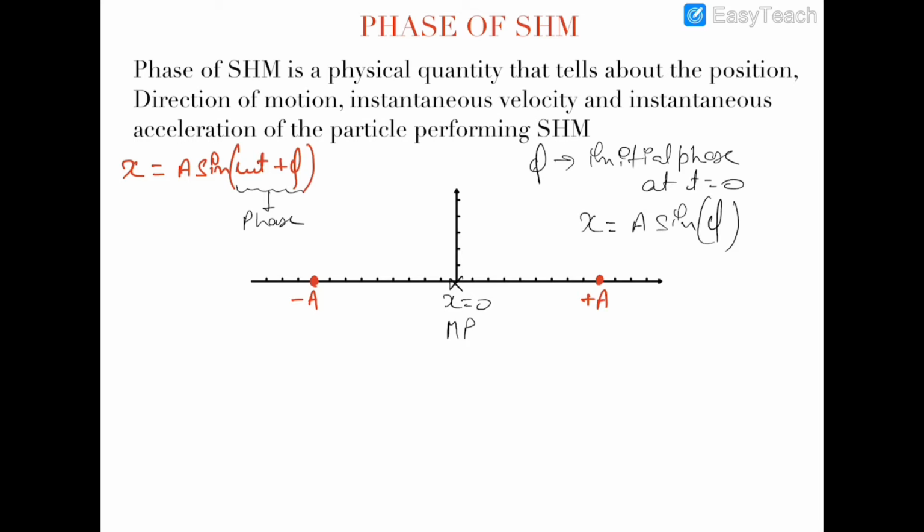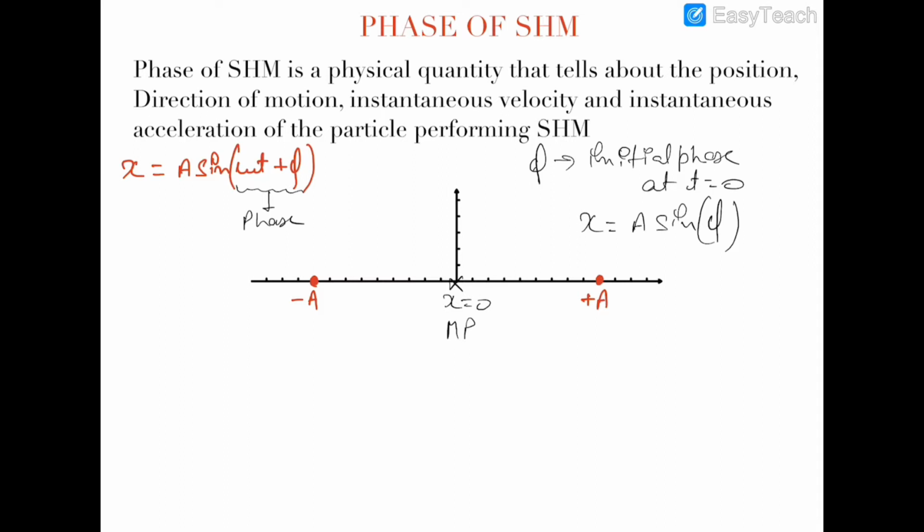So this is the initial phase. Why do we call it initial? Because this is the phase at t equals 0. So t equals 0 is the initial time of the motion, and hence it is called the initial phase.